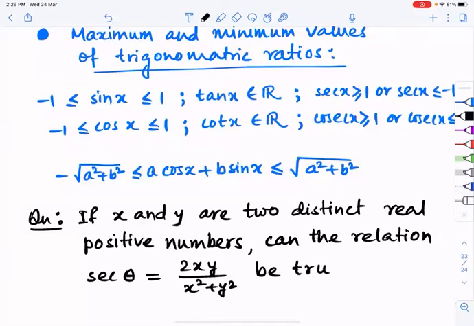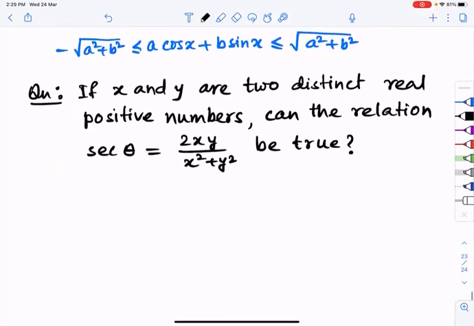Can this relation be true? That is our question. Yes or no? That we have to find.